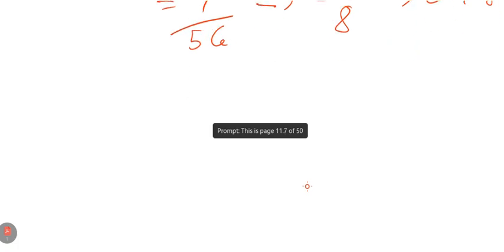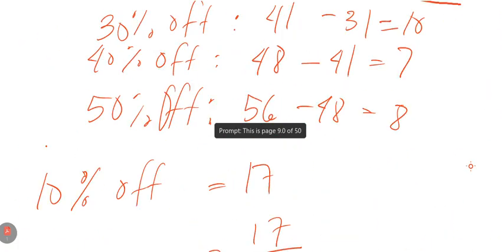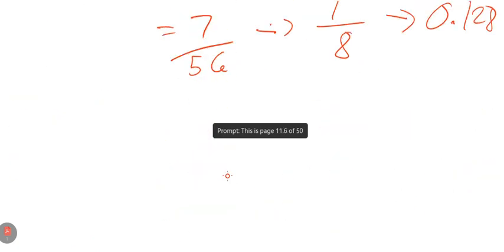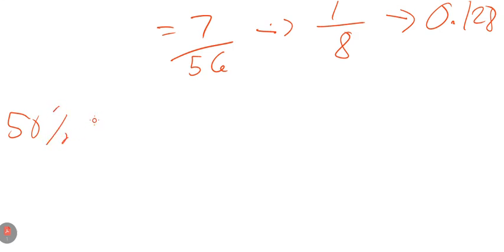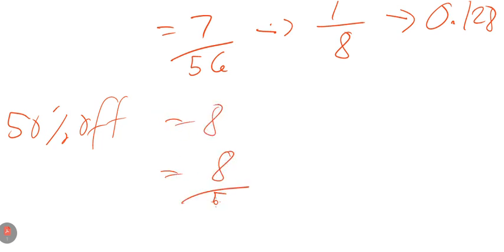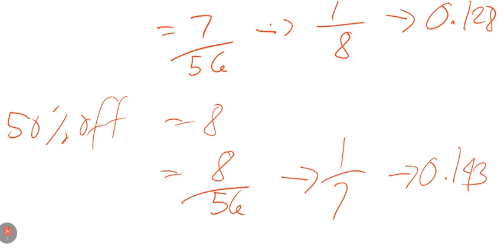And for the last one, the 50% off, we have 8. 8 divided by 56 is 1 out of 7, or about 0.143. Okay, so those are the numbers that we have for A.